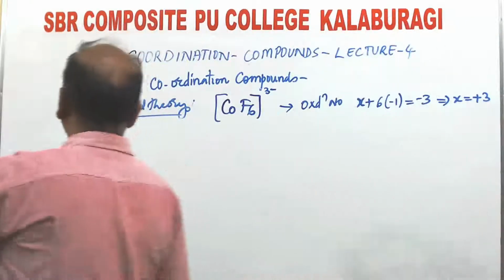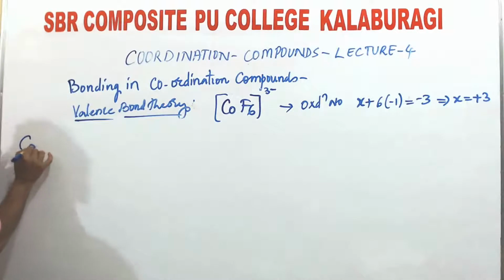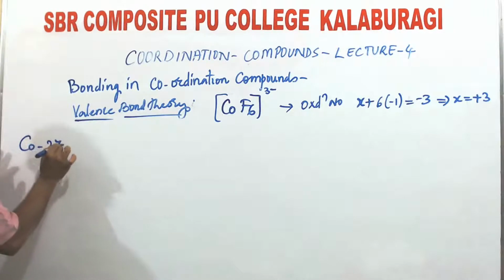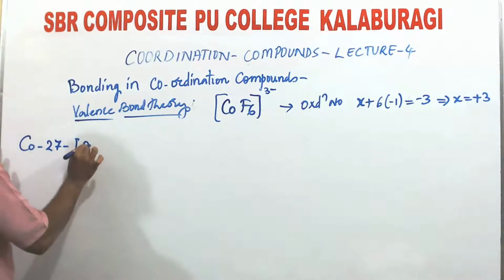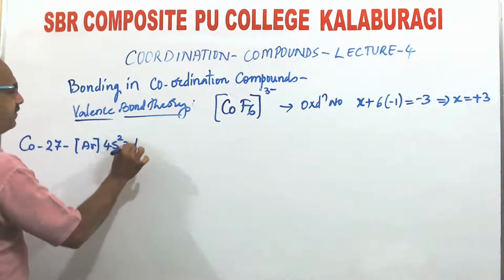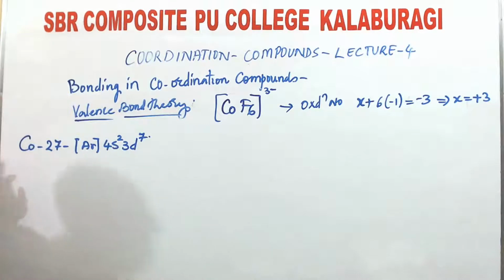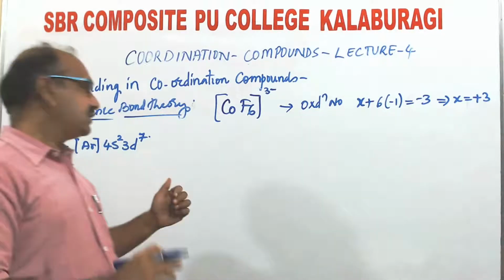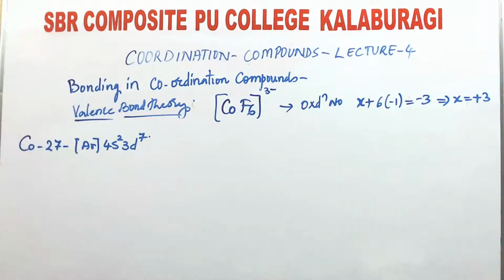Okay, first of all, cobalt. Cobalt is 27, so argon 4s2 3d7. When we write, we have to write like this. When you go for the box structure, 4s will come that side.